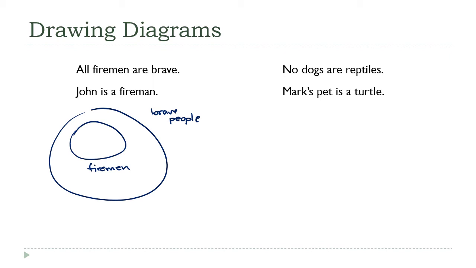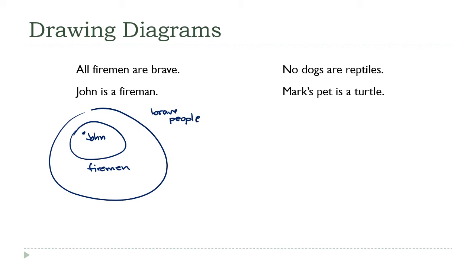John is not a group. John is an individual. Groups are illustrated with circles. Individuals are illustrated using dots or points. So I'm going to locate John. I'm going to put a dot here for him, and I'm going to put that inside the fireman circle. So that's how I would locate an individual person within the diagram.